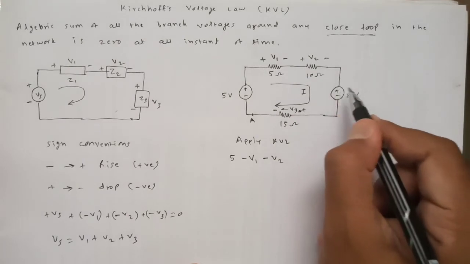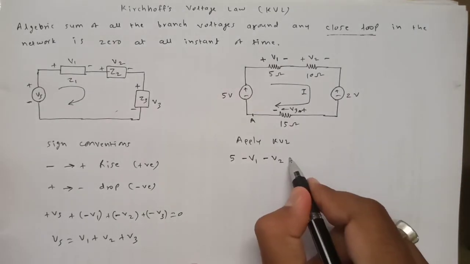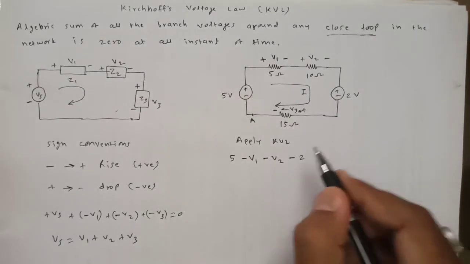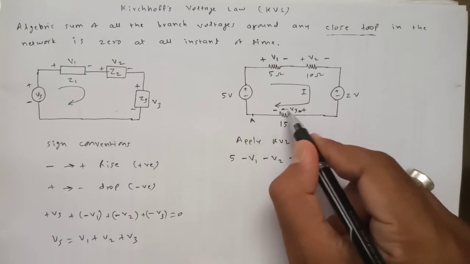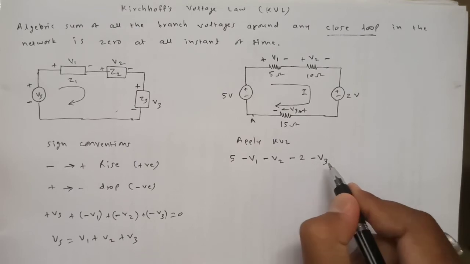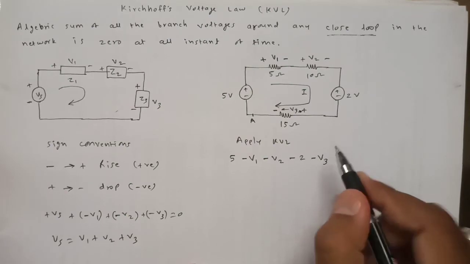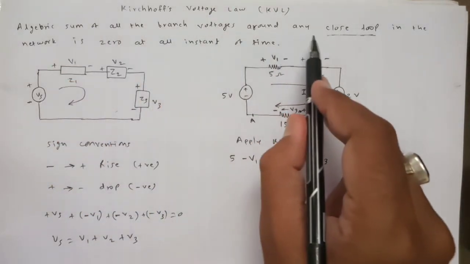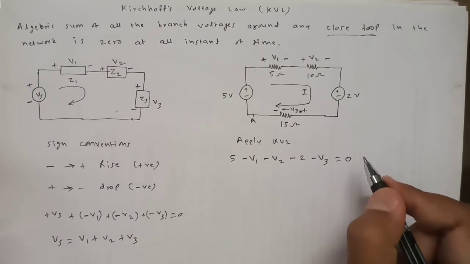Again here when we come, we have to move from positive to negative, so it should be considered to be negative 2 volt. Then again here we are moving in the same direction, positive to negative, so it's minus V3, and here it completes the loop, and that's why the algebraic sum of all the branch voltages in the closed loop is 0.